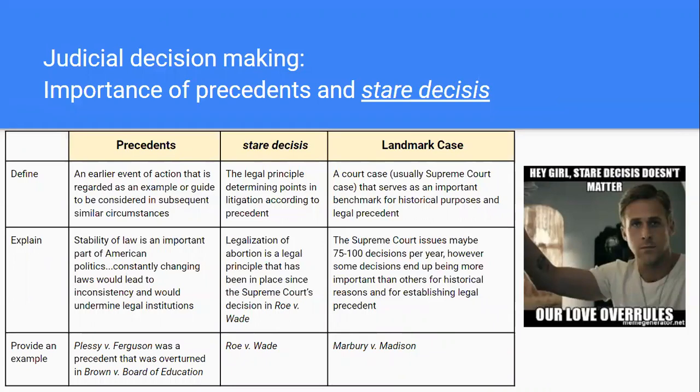Wade, the precedent was set that an abortion is protected by this right to privacy. It didn't set the precedent of privacy. That was already established. But the fact that a woman's right to obtain an abortion was protected under this right to privacy that's implied by the Constitution.